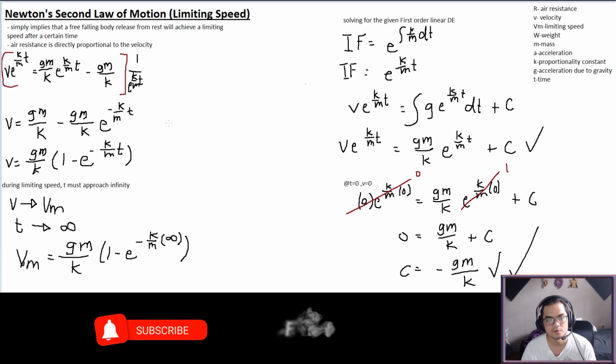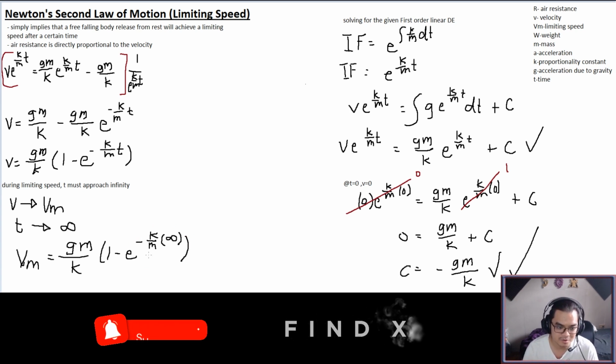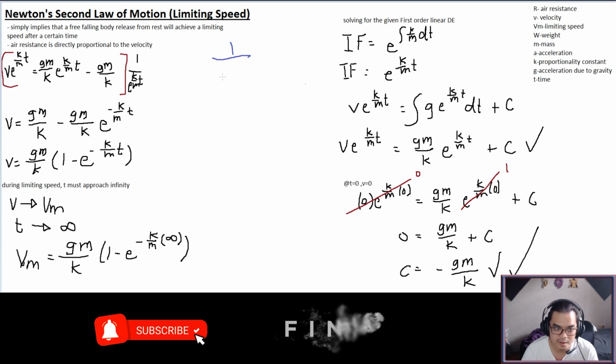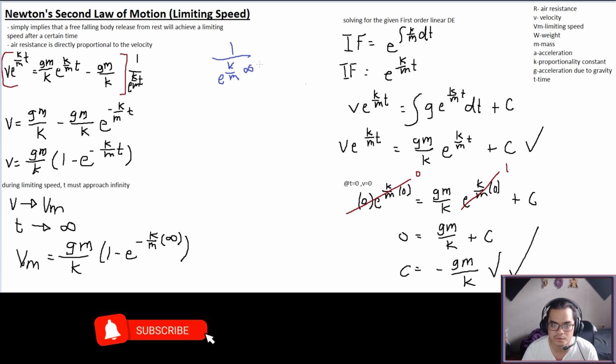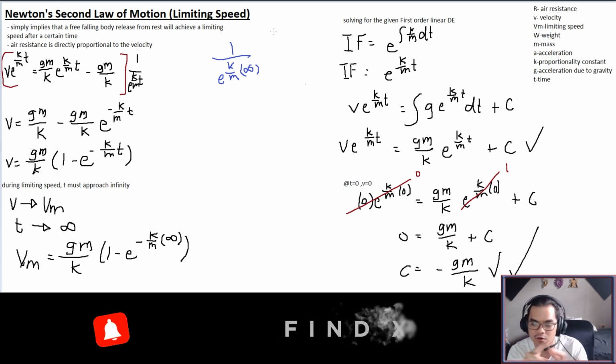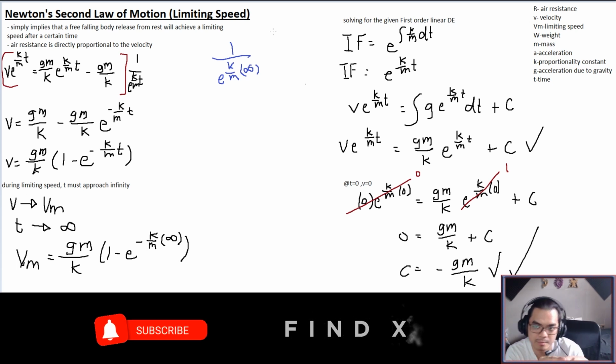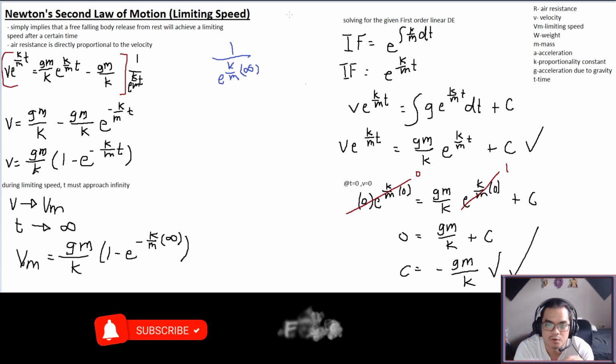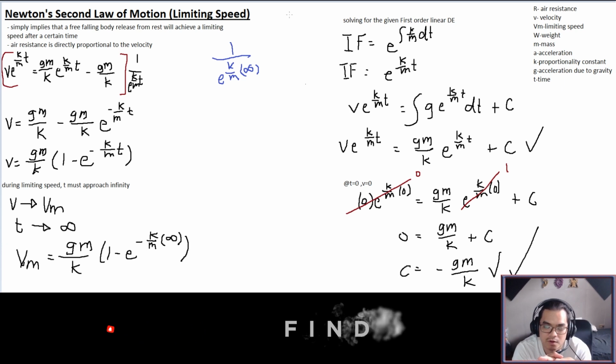Remember that I'll be separating this part only. That e is raised to negative k over m times infinity. I can also write this as 1 over e raised to k over m times infinity, so it will become positive. As you can see, e raised to k over m times infinity is a very large number, because e raised to infinity is a very large number.